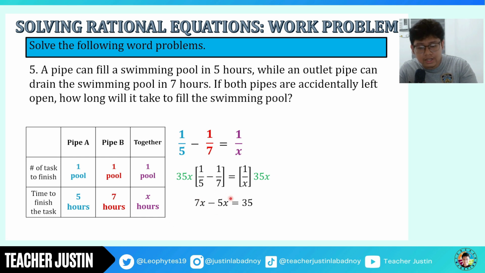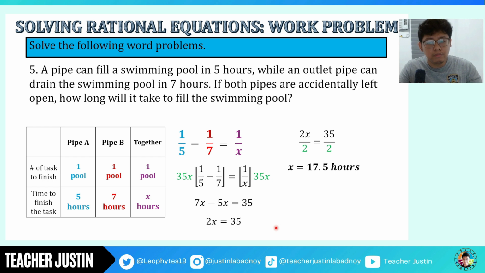Now, since 7x and 5x are like terms, we can combine them by subtracting 5x from 7x, giving us 2x. And then, we will divide both sides by 2, giving us x is equal to 17.5 hours.